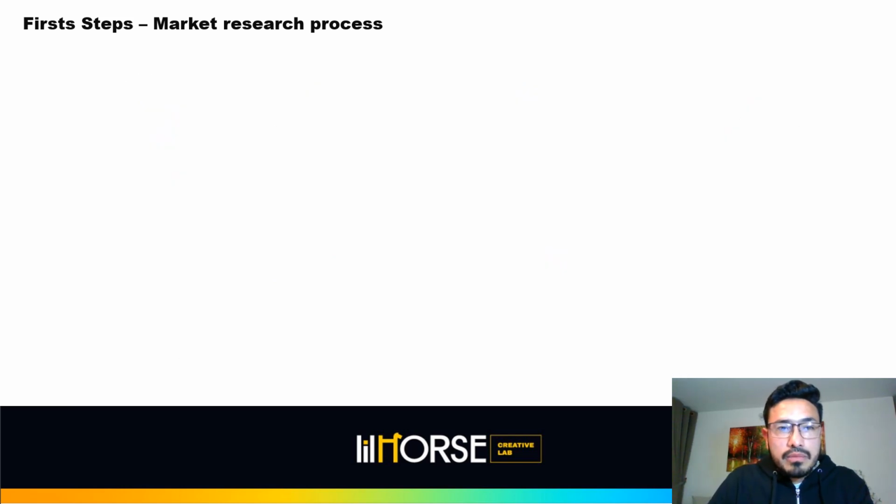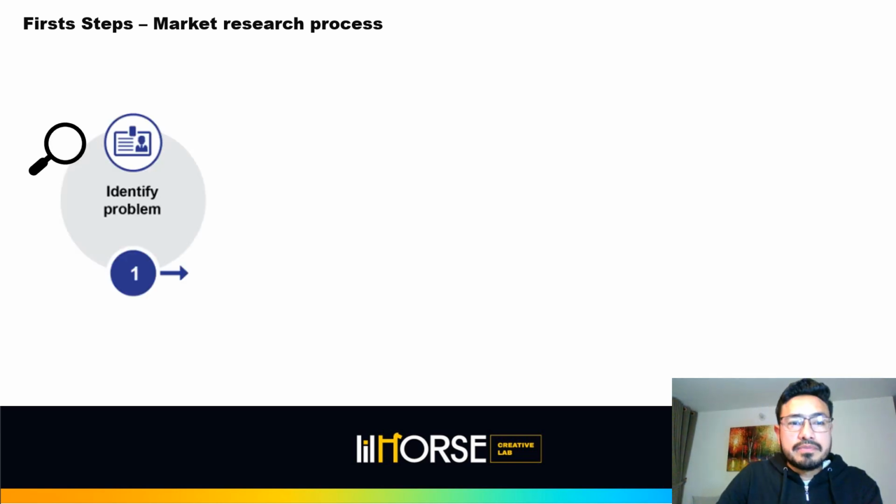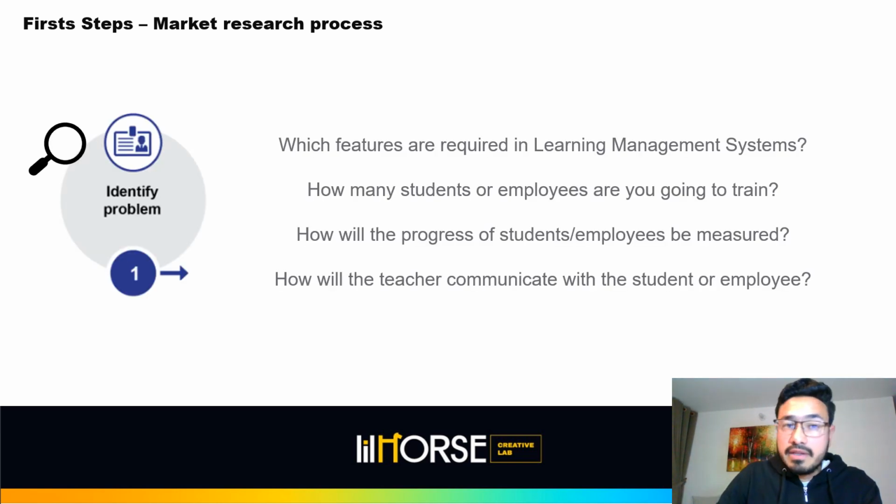Okay, so first steps, market research process. Well, as I mentioned before, identify the problem, but what kind of questions do we need to ask? Well, what features are required in learning management systems? Okay, how many students or employees are you going to train?